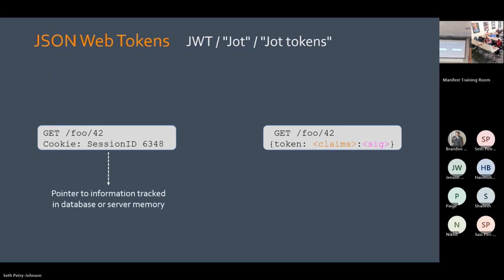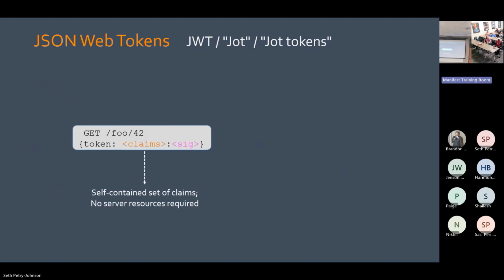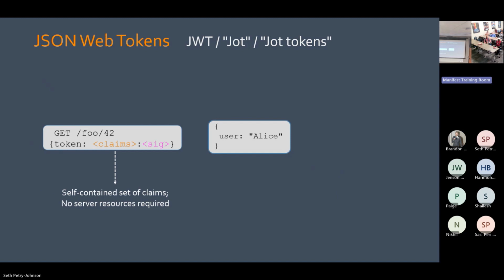So let me get there. The similarity to sessions is that with a server-side session, the cookie contains an ID, there's some server memory, but here it's self-contained claims, right? There's no server resources required. All the data you need can be in the claims. So to your point, we could use this for authentication only by just returning Alice's username or whatever.